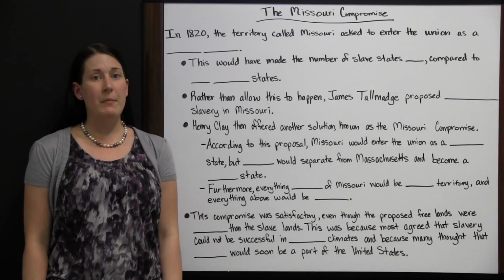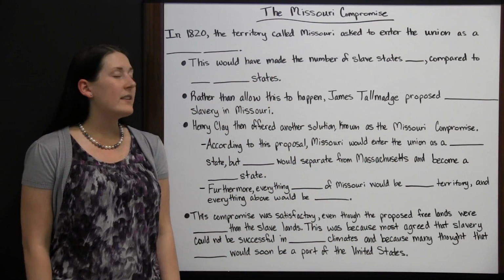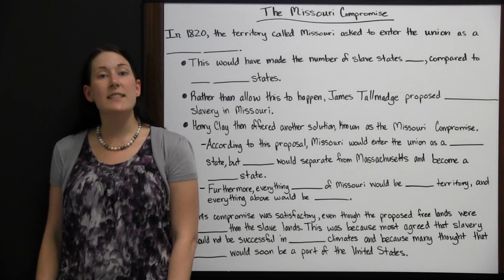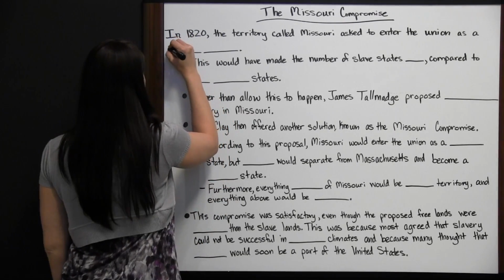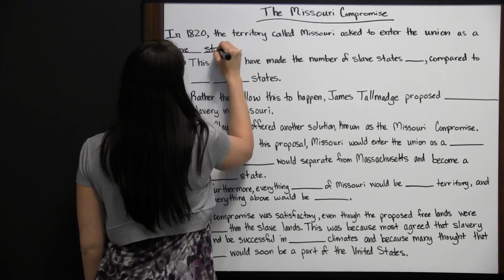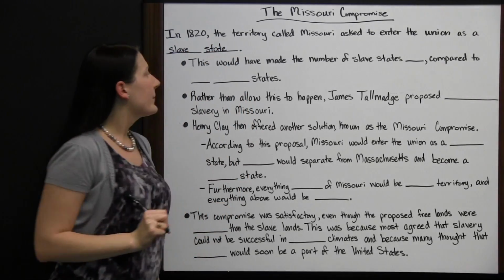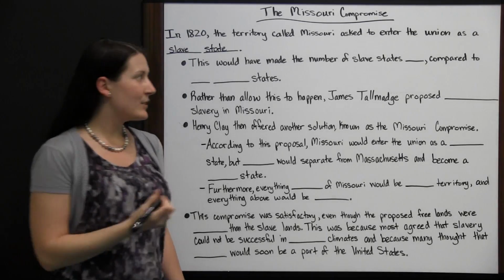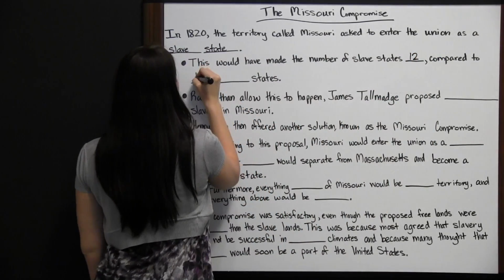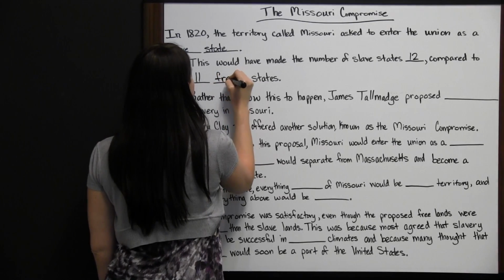The Missouri Compromise. In 1820, the territory called Missouri asked to enter the Union as a slave state. This would have made the number of slave states 12 compared to 11 free states.